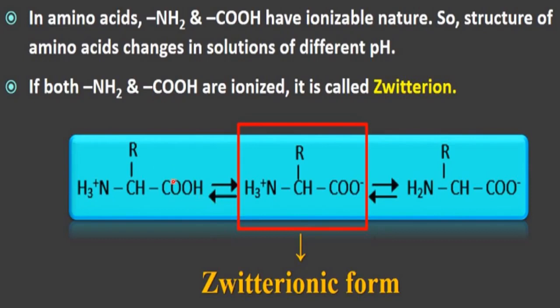With the carboxyl group there will be this H, okay, so COOH will be formed here in acidic medium, right? Acidic medium, or you can say at low pH where hydrogen ion concentration is more. So this is the condition in acidic medium. This is the structure of amino acid in acidic medium.